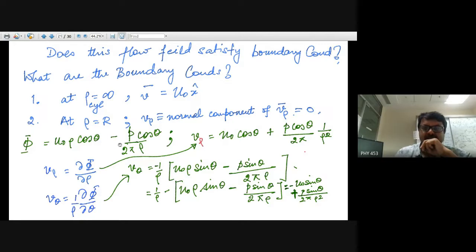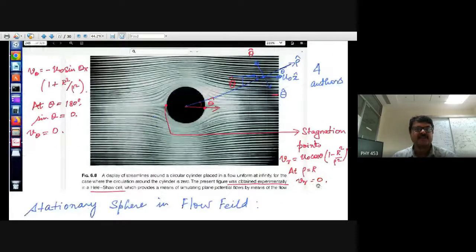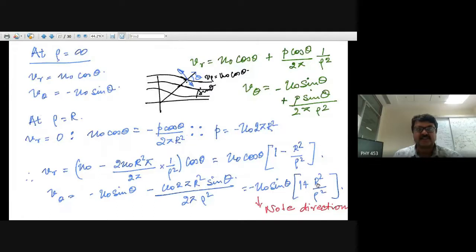And this cos theta again gives a minus sign, but we have taken the minus sign out, so hence we get this expression. This rho cancels with this rho, hence you have u0 sine theta. So that's the message, and the question is whether it will match the flow field or not, and we'll show that yes, it does.